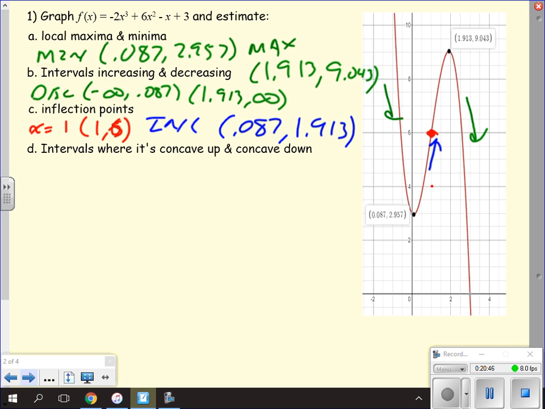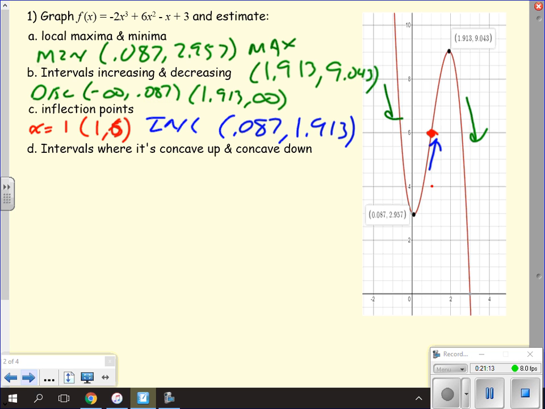Okay. Now, the intervals where it's concave up and concave down are all tied into this, because the point of inflection is where it changes concavity. And if I only have one point of inflection, I'm only changing concavity one time. So everywhere else is either concave up or concave down, depending upon the graph. So everything to the right of my point of inflection, is it concave up or concave down?